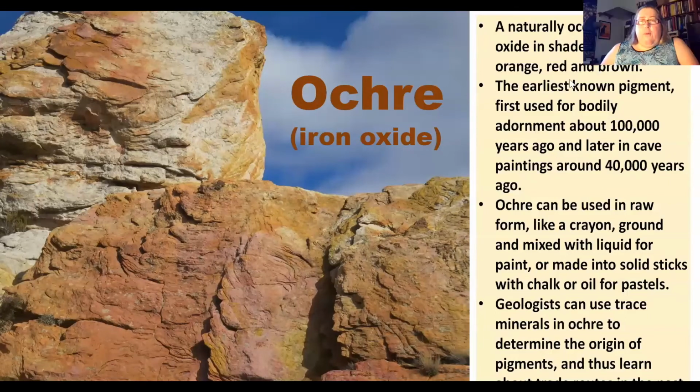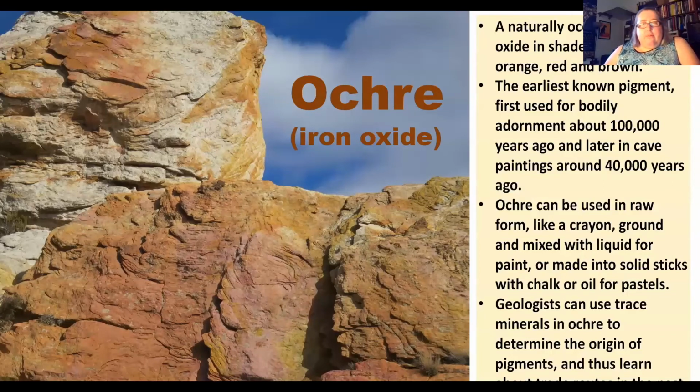All right, so this is just an introduction to ochre. This is an area in Utah, at Dinosaur National Monument. And you can see, just like in that Roussillon slide from Maureen, the sheer variety of colors that you can find in ochre.